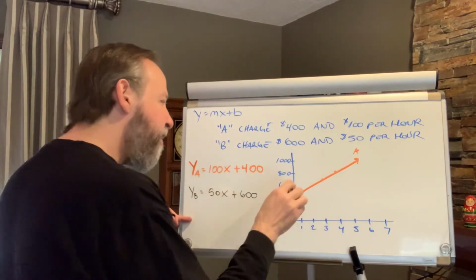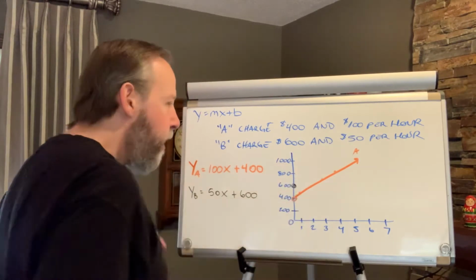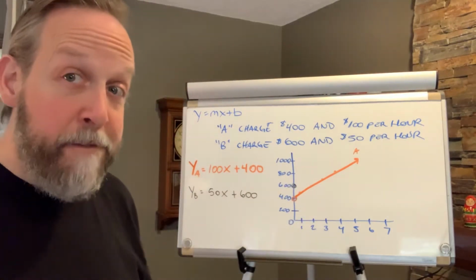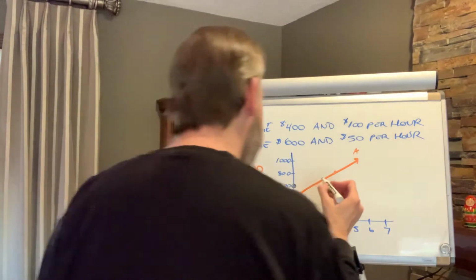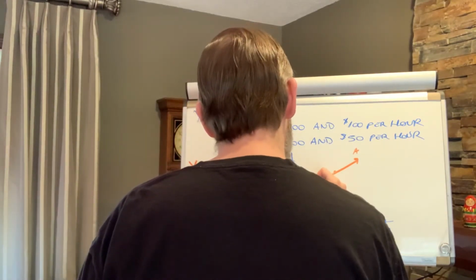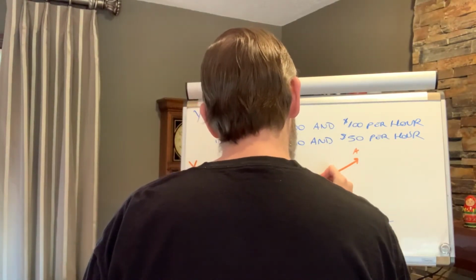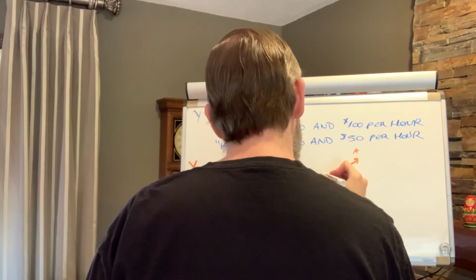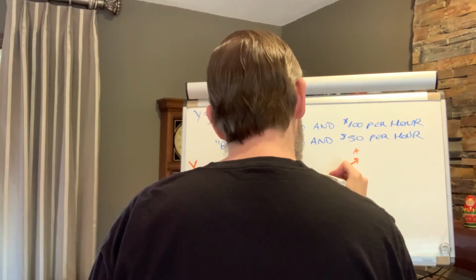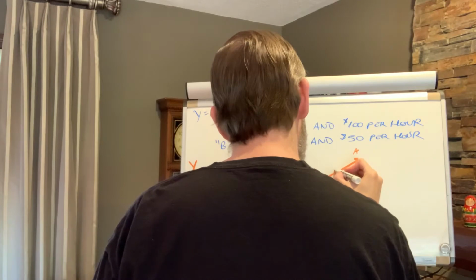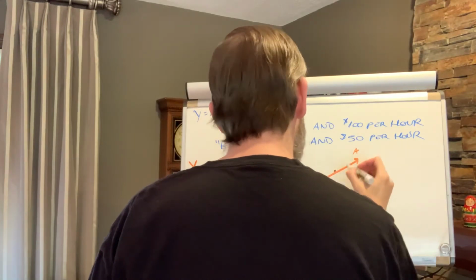So he's starting out over here. Every hour, it's going to go up by $50. So in 1 hour, it's at $650, and at 2 hours, it's at $700, at 3 hours, $750, at 4 hours, $800, and after 5 hours, $850, so on and so forth.